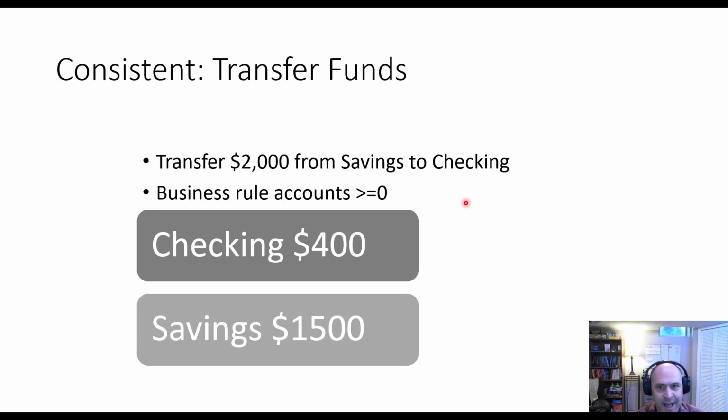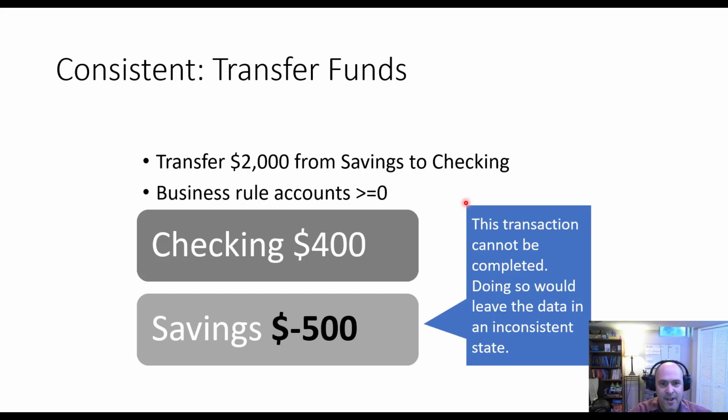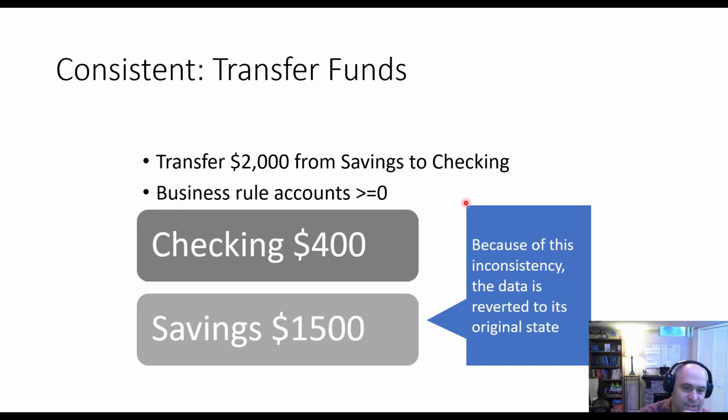Consistent means if we violate any integrity constraints, the data will revert back to its original state. So here's the original state. We try to move $2,000 out of savings. That leaves us with a negative balance, which causes an integrity constraint to fire, which in turn rolls the data back to its original state like this. And therefore, that transaction doesn't occur.